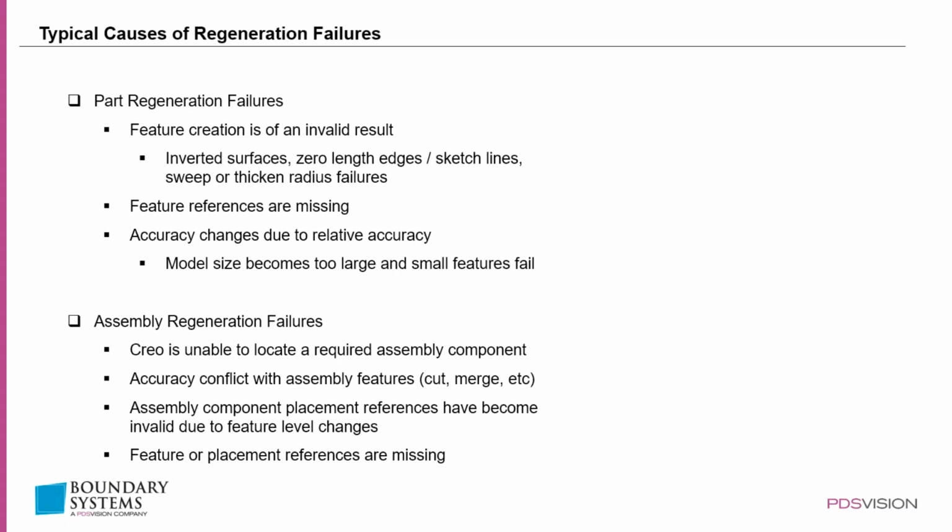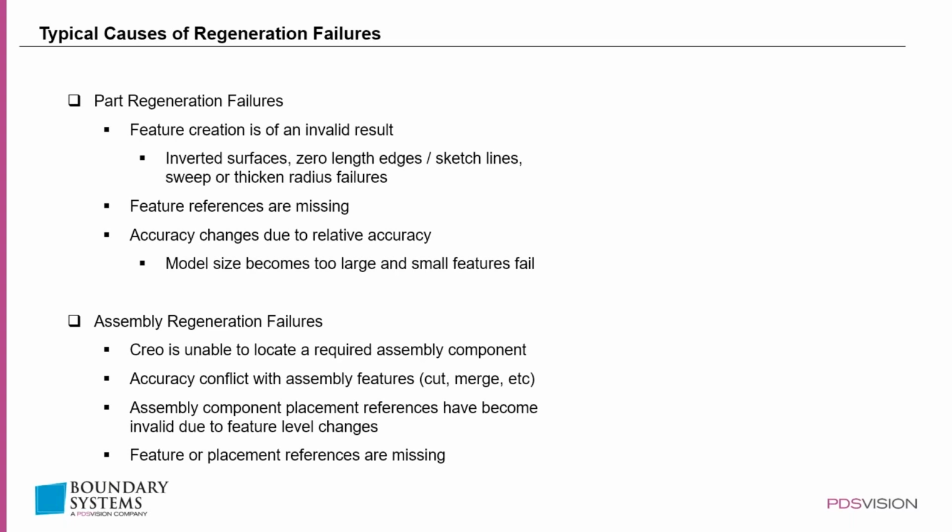Just to explain the accuracy thing a little bit more in depth, generally absolute accuracy is going to be recommended for a lot of applications. We can see specifically if you have a large part with small features, that's one of the times absolute is definitely recommended. Additionally, anytime you're doing simulation, absolute accuracy is going to be recommended.